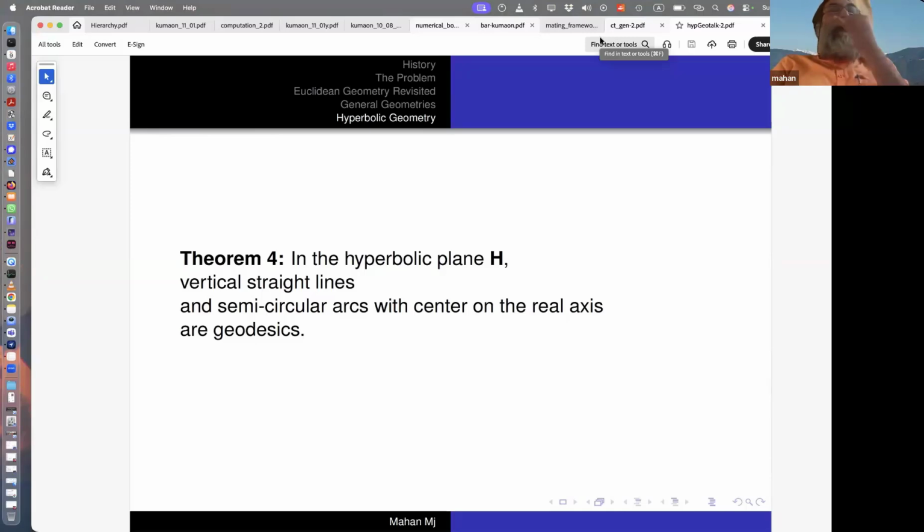How are we going to do that? Take that point, join it to any point on the straight line by a line which does not intersect your vertical line. Bisect that line and draw a semicircle with center at which the perpendicular bisector of that straight line segment hits the x-axis. And this new semicircle is going to be a semicircle centered on the real line which does not hit the vertical.